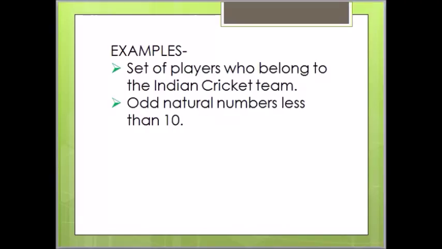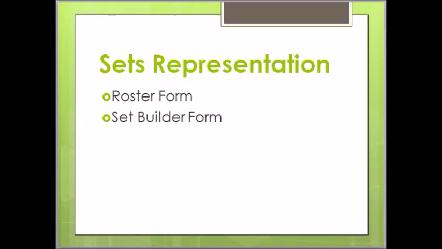Now we will be coming to the representation of sets. Sets are represented in two forms, roster form and set builder form. So in roster form, the set is written within a pair of curly braces, and the elements of sets are separated from each other using commas. Let me give an example now.